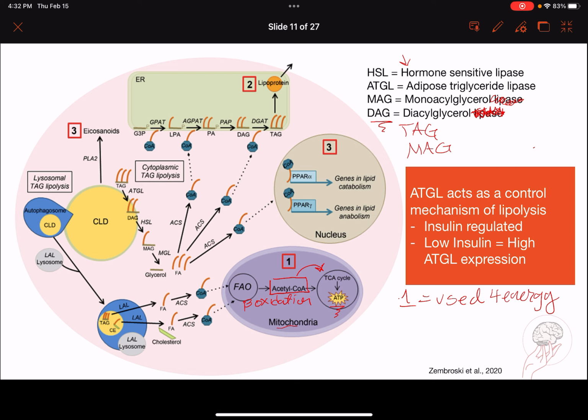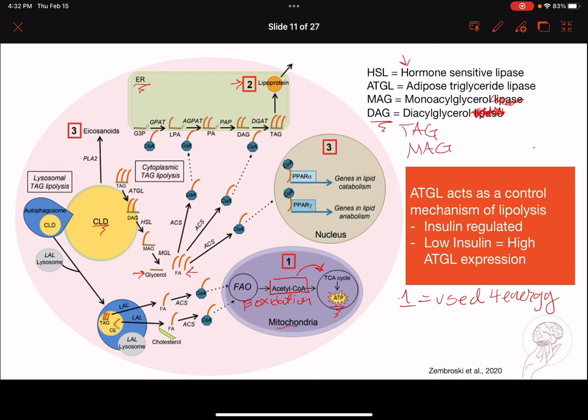Two, we can create a new lipoprotein, and this is in the endoplasmic reticulum. To do this, we need to take a triglyceride from the cytoplasmic lipid droplet, and we need to clip it into glycerol and free fatty acids.